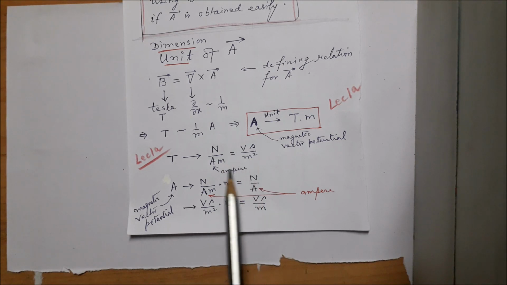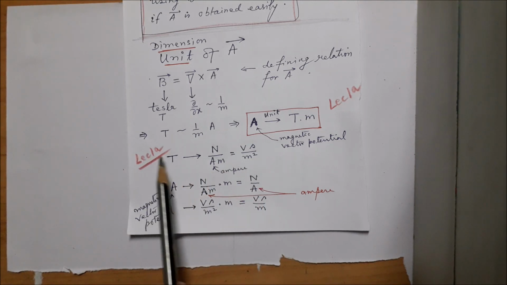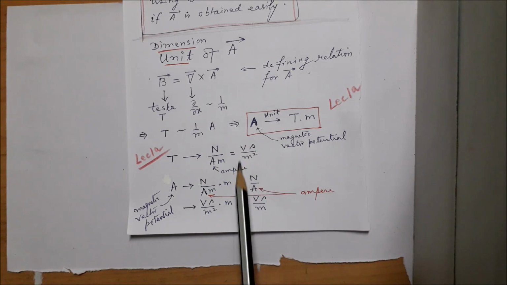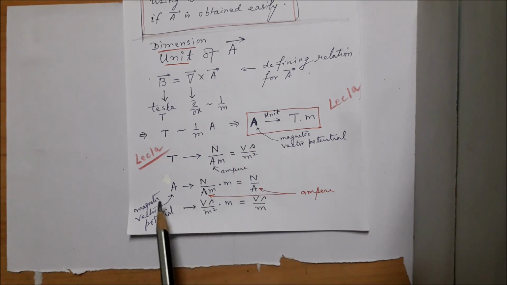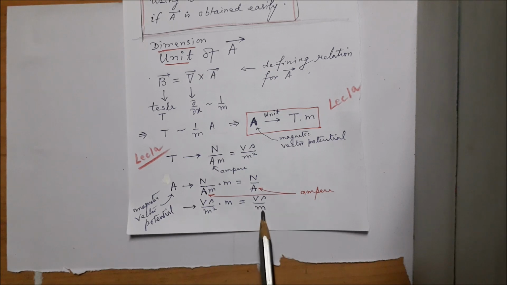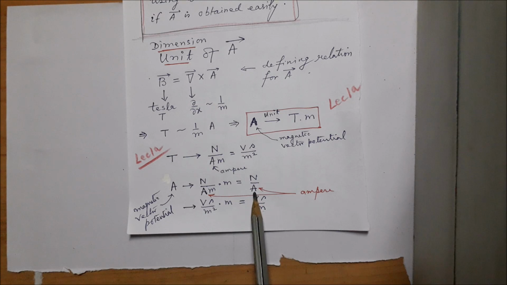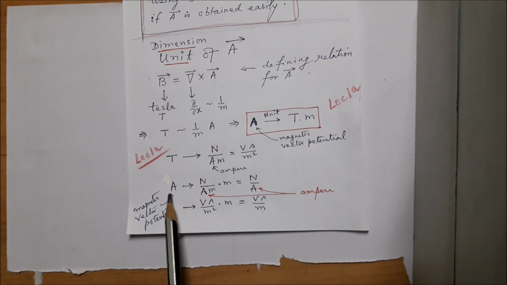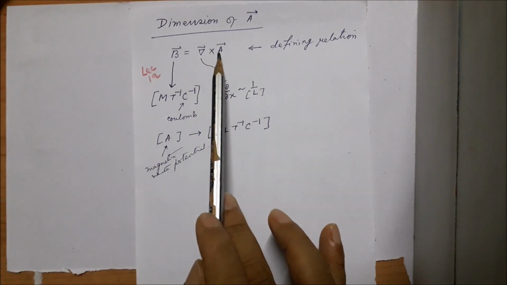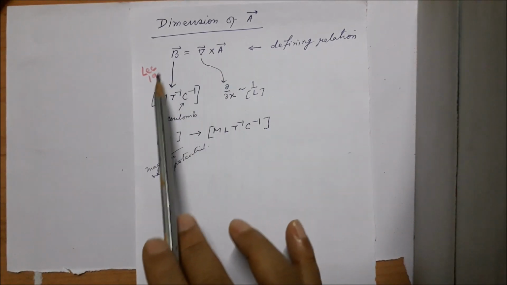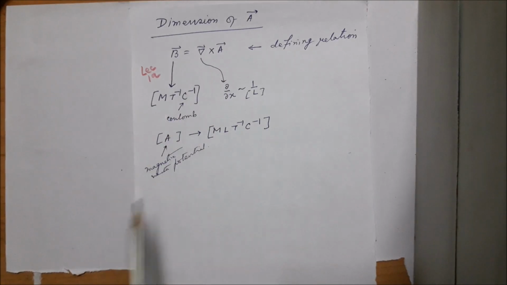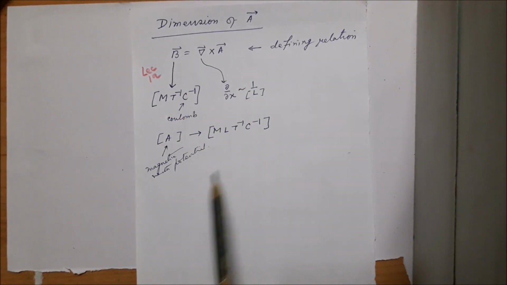Another combination of unit for Tesla, as discussed in this lecture, was volt second per meter square, and from here we end up with volt second per meter as the unit of magnetic vector potential. Here one thing we have to be very alert about, and that is this A represents ampere and this A represents magnetic vector potential. Now, about dimension of magnetic vector potential, which can also be obtained through this defining relation, it is extremely easy, you can have a check.